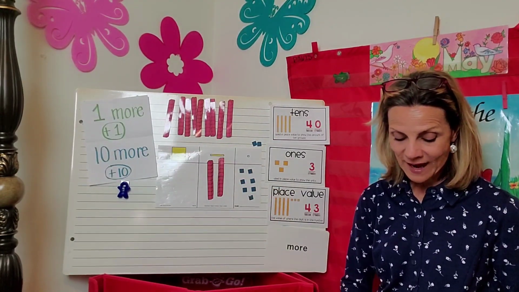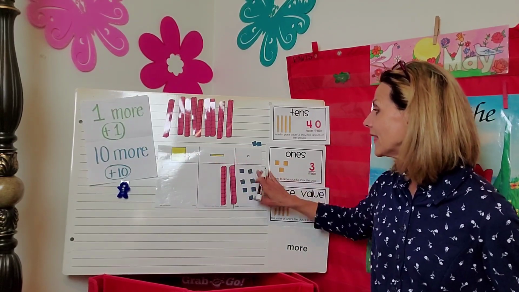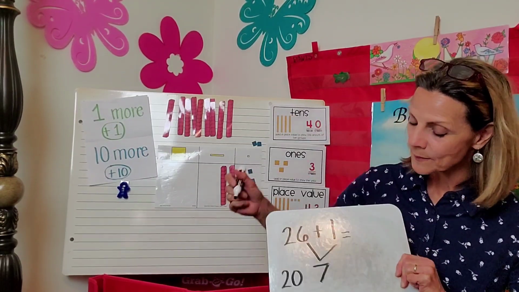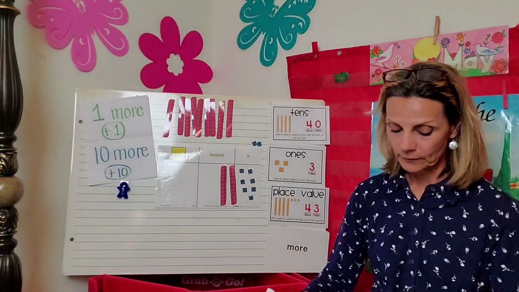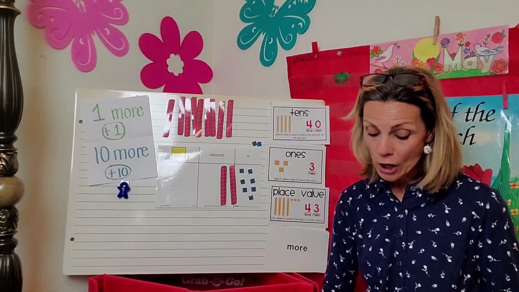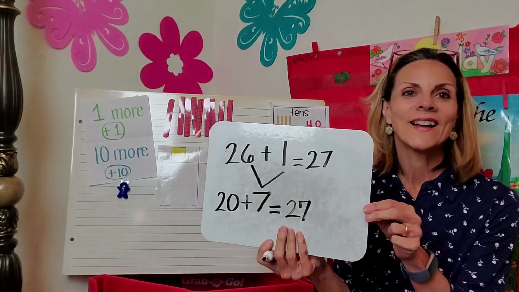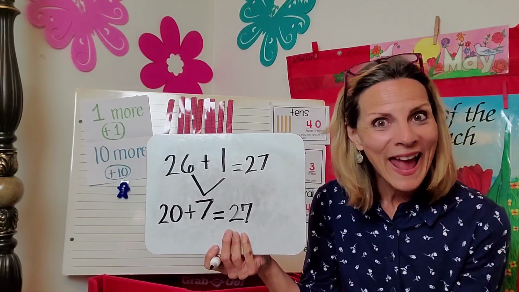So I'm going to bring that down, and I'm going to think about pulling these two together, tens plus ones. So I'm going to add a little addition symbol. 20 plus 7 is 27. And then I can complete this equation, 26 plus 1 equals 27. Hey, that's kind of cool.